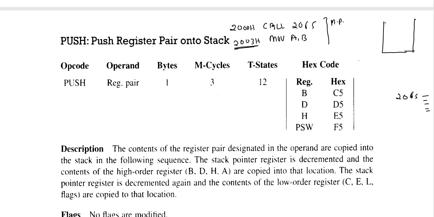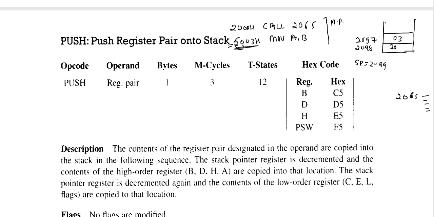How? For example, if the stack pointer has value 2099H, first of all it will decrement the stack pointer by 1. It will become 2098H and store the higher byte, that is 20H, on this location. After that, it is again decremented by 1, that is 2097H, and it will store the lower byte.